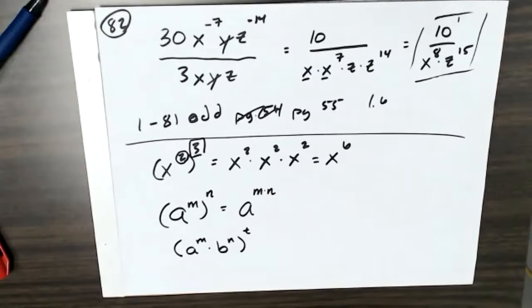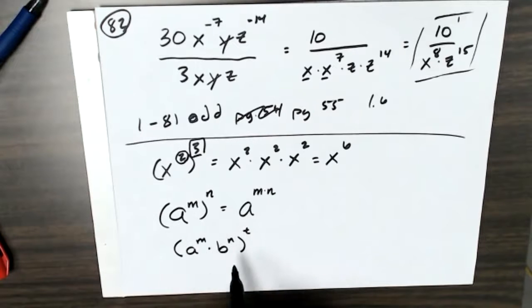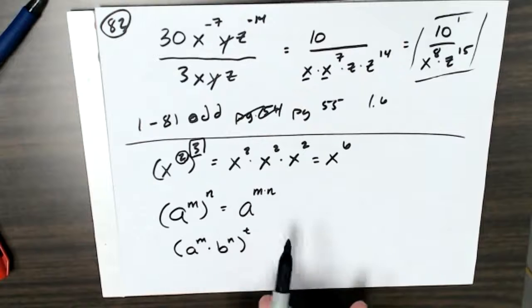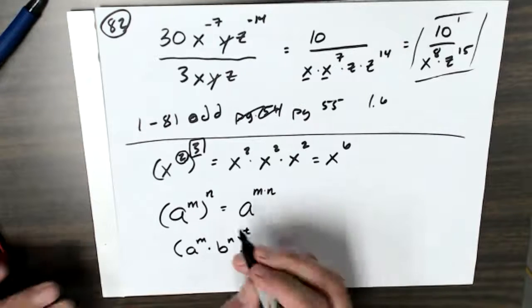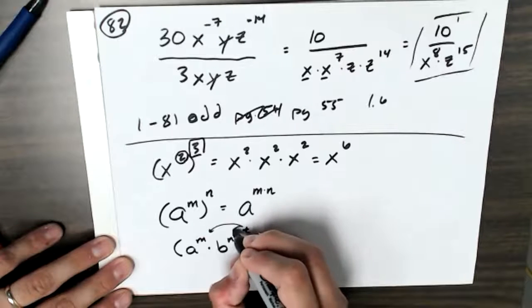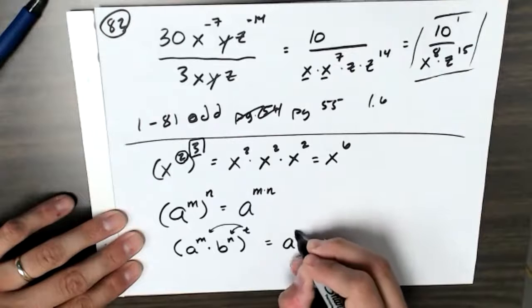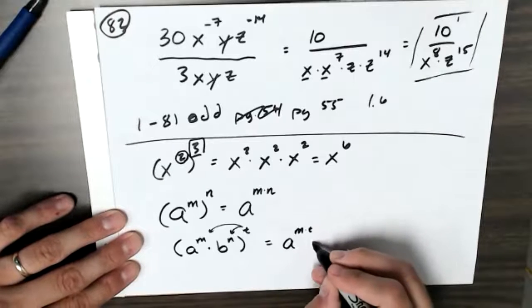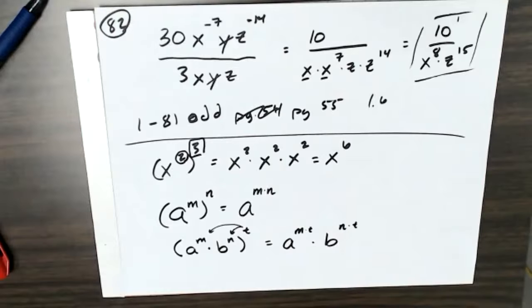What's important here is that this has to be multiplication. If it's addition or subtraction, it does not work. We'll see it can be division as well in a second, because division is just multiplication. If we have multiplication, this will distribute to all the exponents, so we get a to the m times t times b to the n times t.